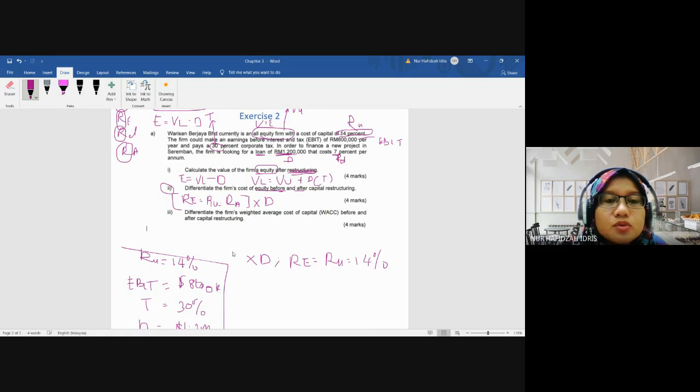Okay, ini nombor 2. Before and after restructuring. So after restructuring, you kena cari RE after restructuring. Formula kita macam mana? RU plus RU tolak RD, D per E.